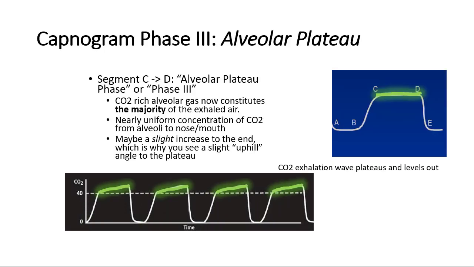So then we hit our alveolar plateau, and as you see in the blue image, it's very flat. In the black image, it still has a slight increase, but this is very minor. This is just 2 or 3 millimeters of mercury increase, and it's perfectly fine. This is a normal capnographic waveform.